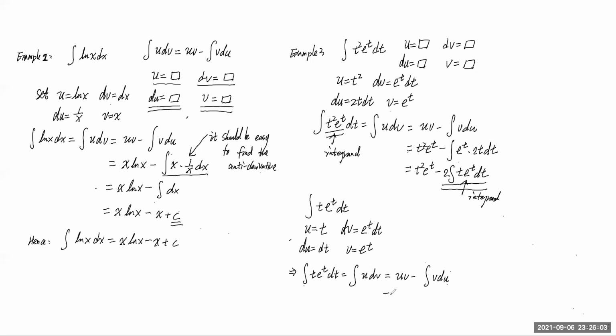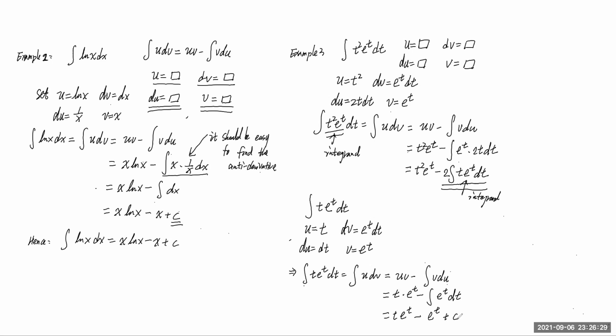So u is t, v is e^t, minus the integral of v du, where v is e^t and du is dt. So t times e^t minus the antiderivative of e^t, which is e^t plus c.